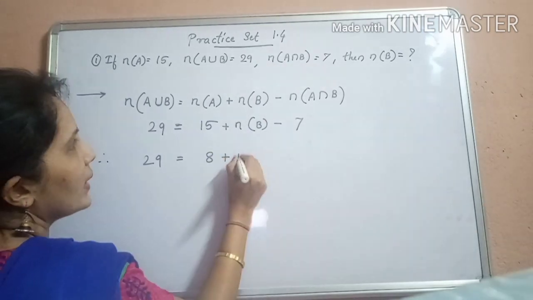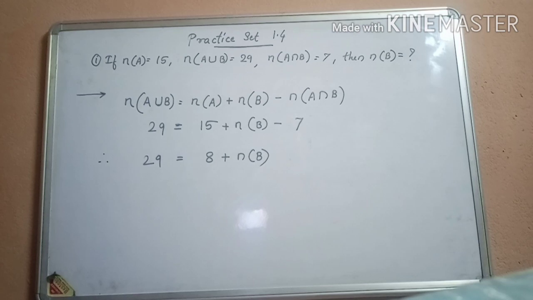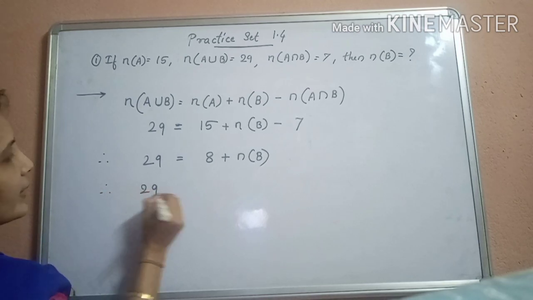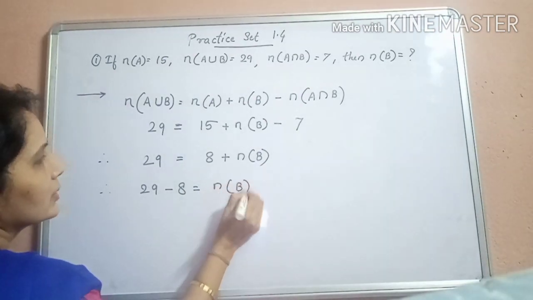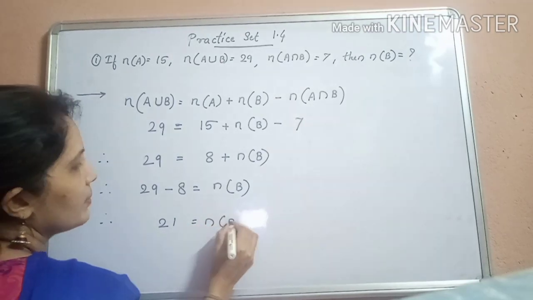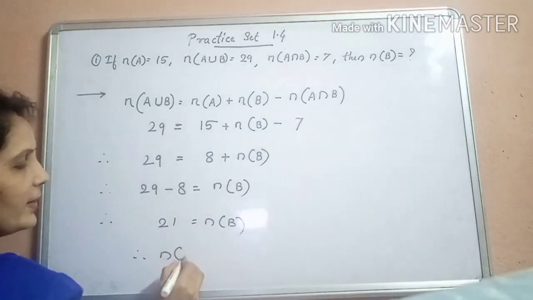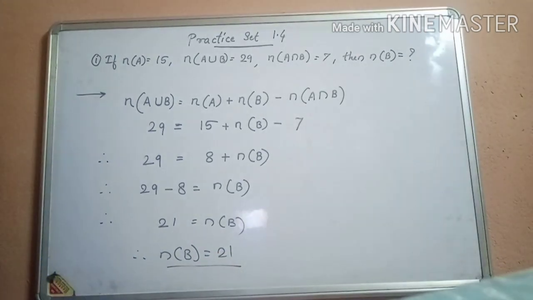So 8 plus number of elements in B. Therefore 29 minus 8 will become 21. That means number of elements in B are 21.